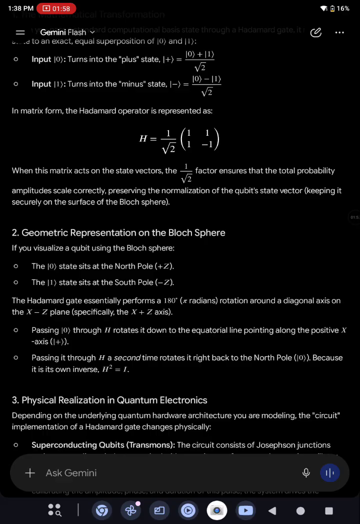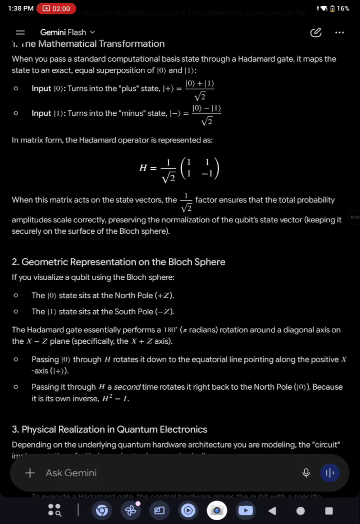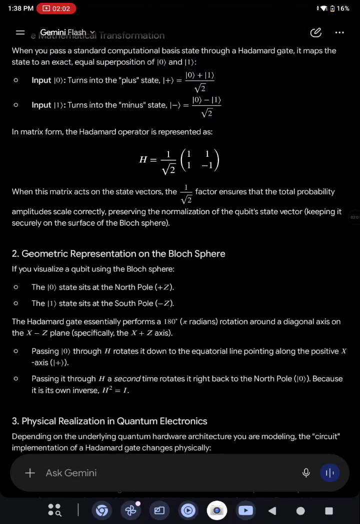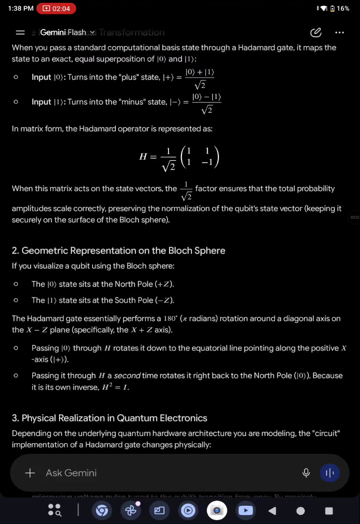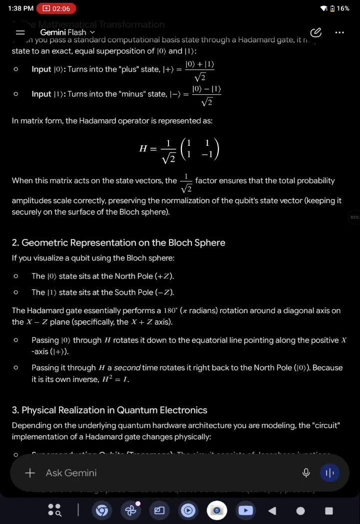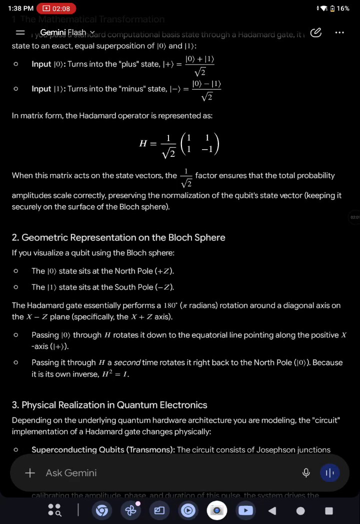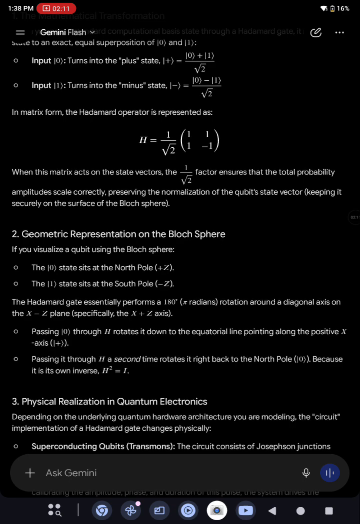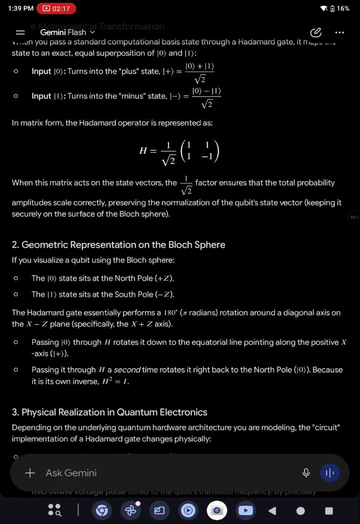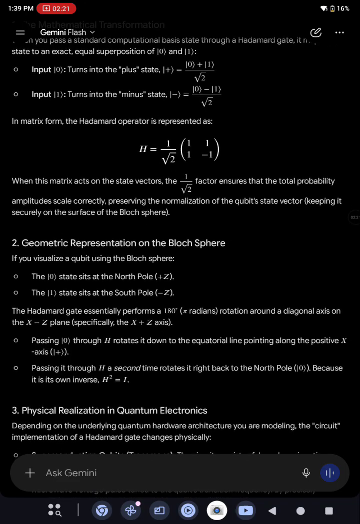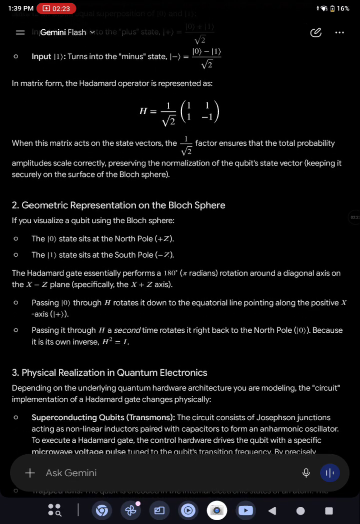Now the square root of 2 is there because those are vectors, not just numbers, so they have magnitude and direction. Input 1, state 1 turns into the minus state, state 0 minus state 1 over square root of 2. I do not know why 0 would be plus and 1 would be minus, but let's just flow with it.